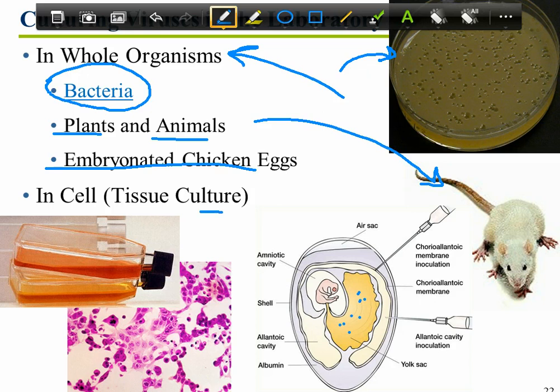Or you can use cells, not whole organisms, but cells of an organism to grow viruses. And that's called tissue culture. That's what you see right here. So you're looking at cells that have been infected with a virus. Now there's some normal cells right here. When uninfected, they grow very nice, uniform.